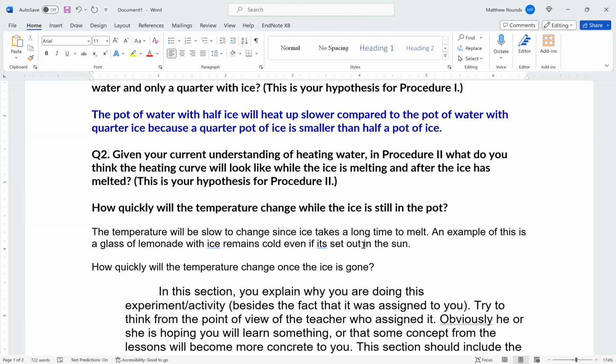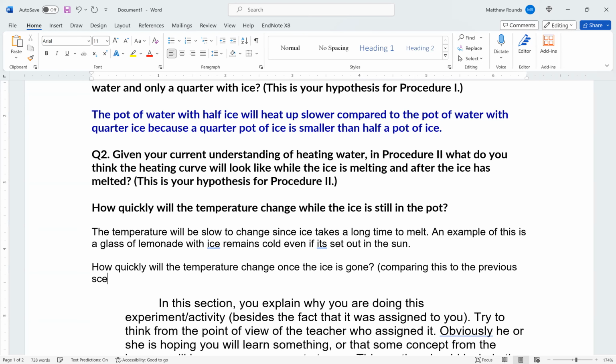How quickly do you expect the temperature to change when you're boiling the water? I'm sorry, how quickly will the temperature change? You're comparing this to the previous scenario, which is with the ice.